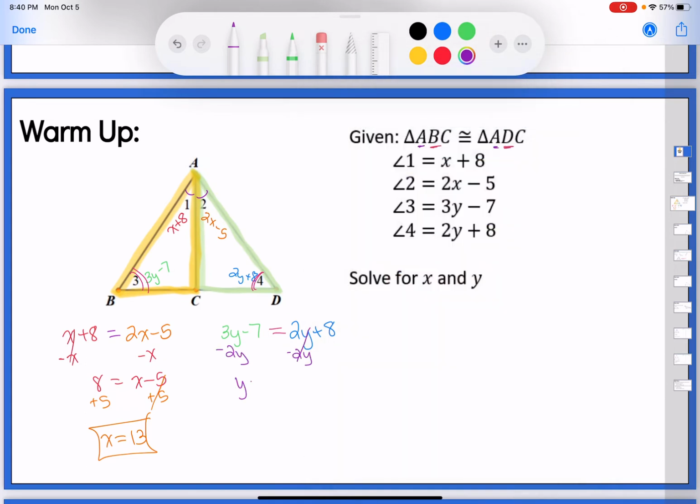I get y minus 7 equals 8. And then I would add 7, and I get y equals 15. So x equals 13, y equals 15. Hopefully those weren't too difficult of equations to solve, but I know the more that we can bring back that algebra, the better. All right, so that was a good little review of using that CPCTC to find other things.